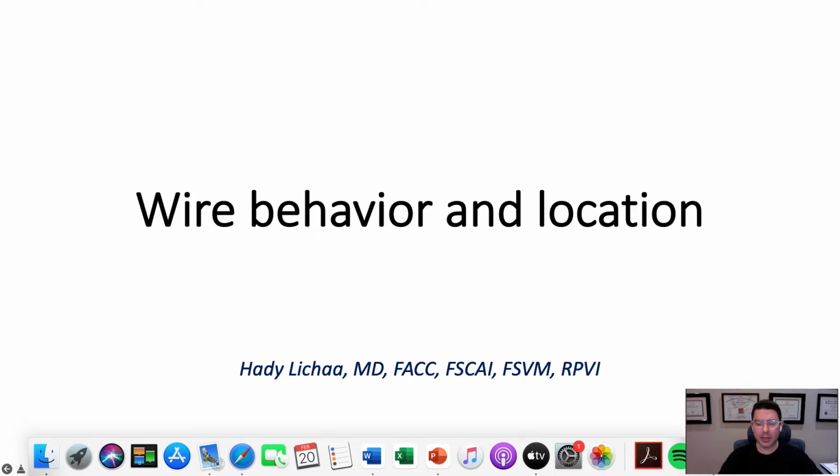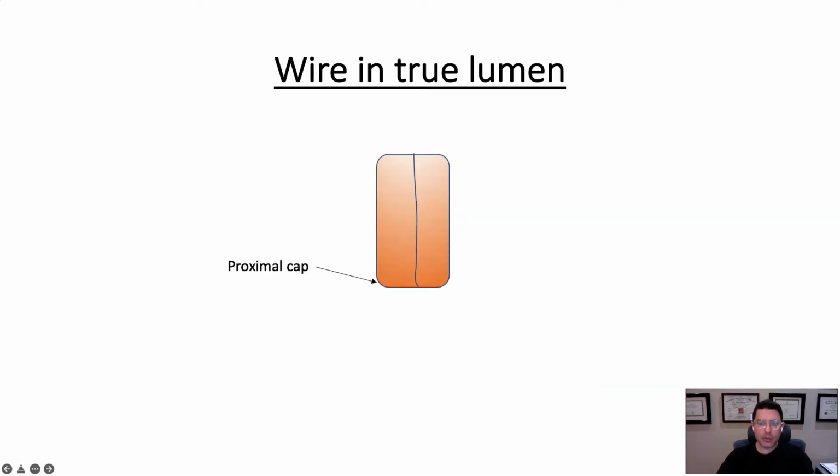This is part of what is considered kind of the art of maneuvering the wire, but it could be taught in a systematic fashion. I'm going to try to categorize wire behavior into different categories to try to make it a more teachable topic.